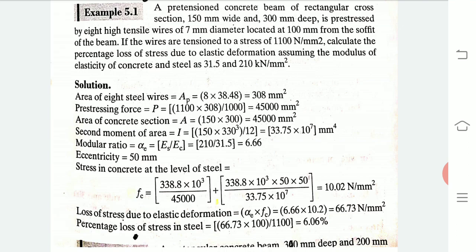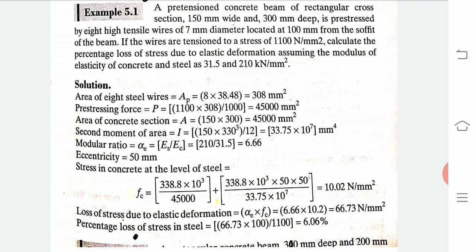So next, let us calculate the stresses in concrete at the level of steel. Yesterday we discussed the formula, which goes like this: P by A plus P e into e divided by I. Again I'll repeat, P by A plus P e into e divided by I. Substituting all the values, we get Fc equal to 10.02 Newton per mm square.